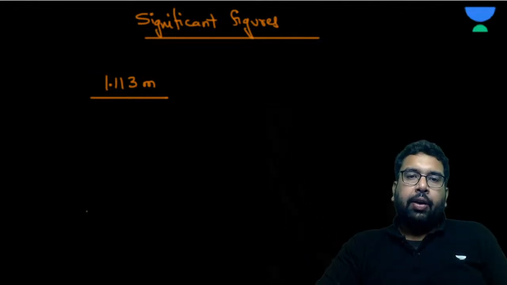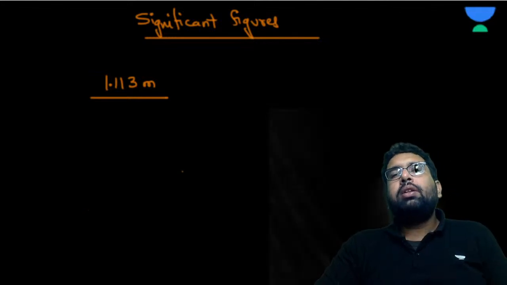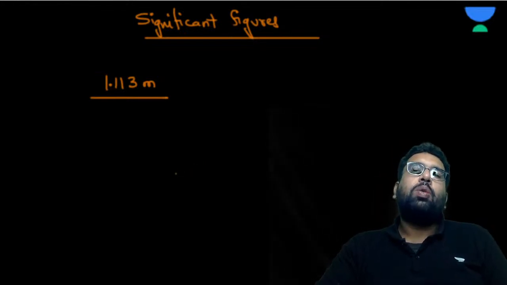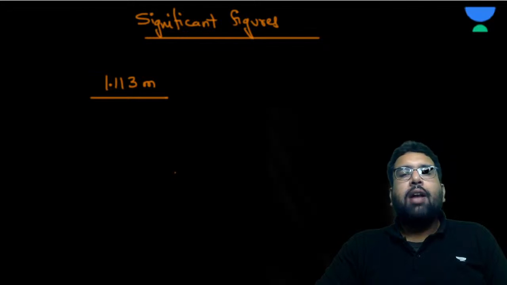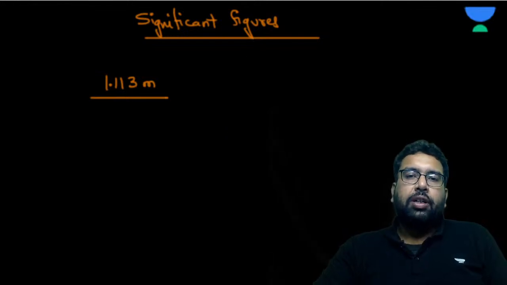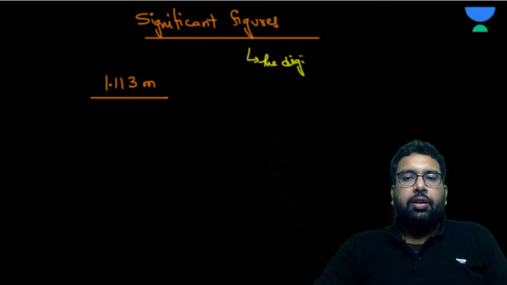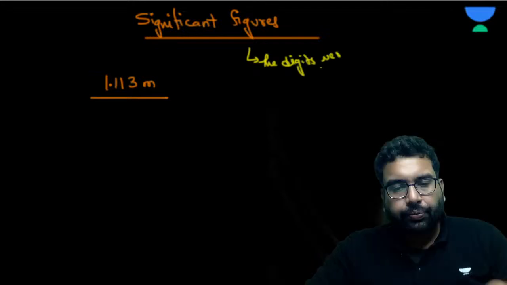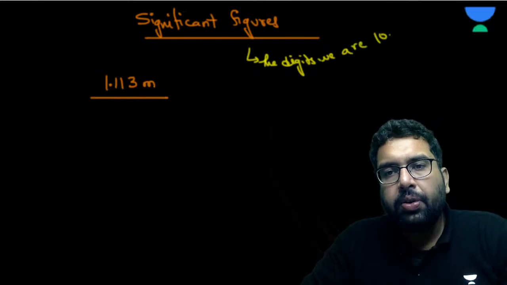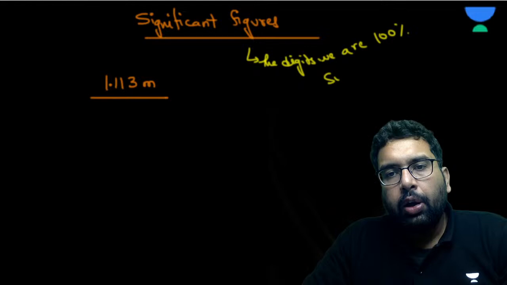So when you have measured something from some instrument, let's suppose we have found a value of 1.113 meter, right? So significant figures means the number of digits we are 100% sure about.